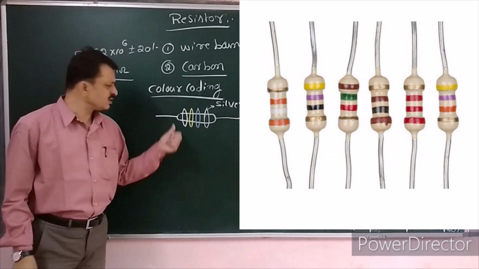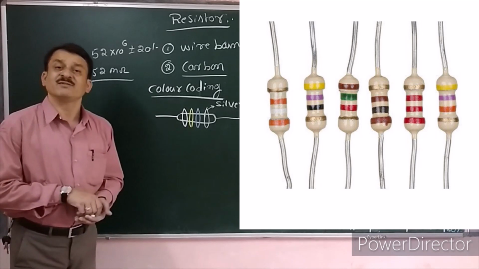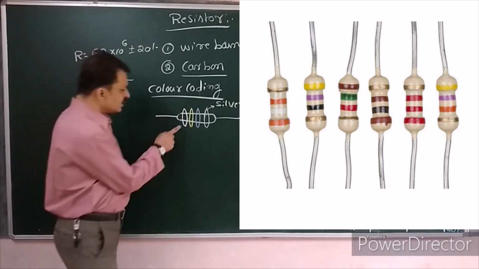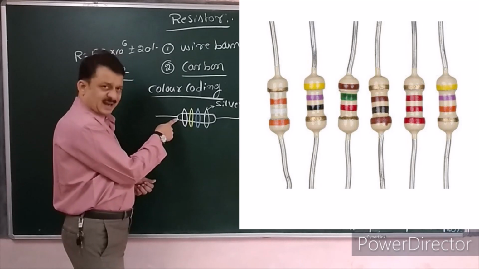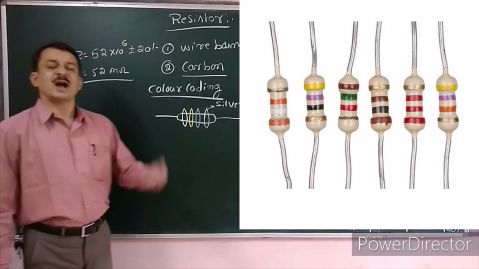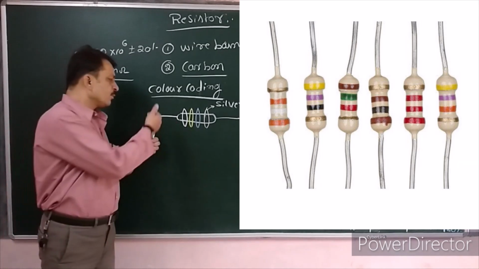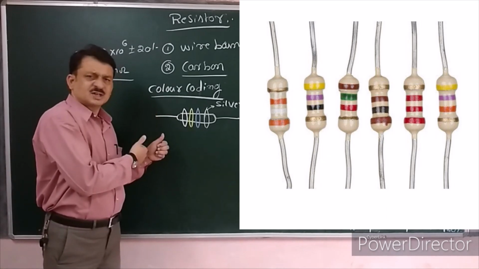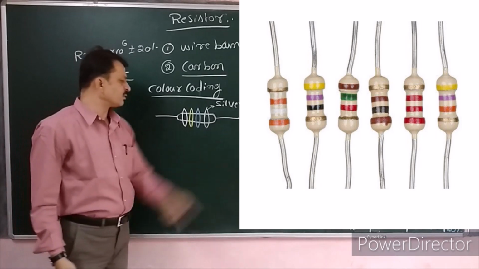Now if the color coding is like this, from which side are you going to find the values? Look here. This band is very near to this end, and this band is a little farther away. Therefore, we have to count the bands from the end to which the bands are nearer. So I start counting from this one.